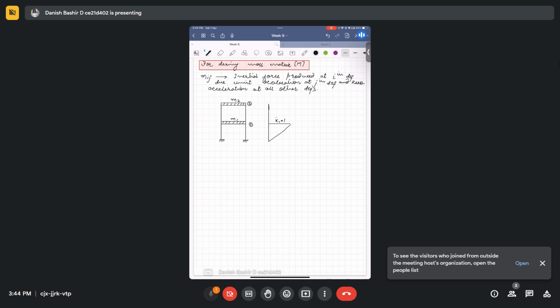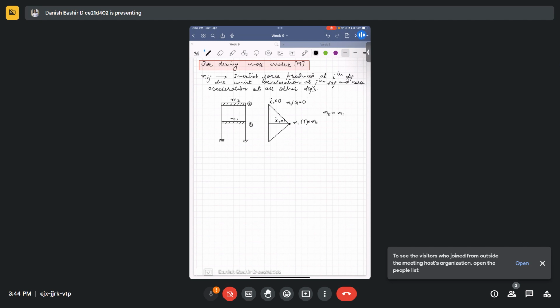Here x2 double dot is equal to 0, so the inertial force produced at that point is m2 times 0, equal to 0. The inertial force produced at this point will be m1 times 1, equal to m1. So M11, the force produced at 1 due to unit acceleration at degree of freedom 1, will be m1.